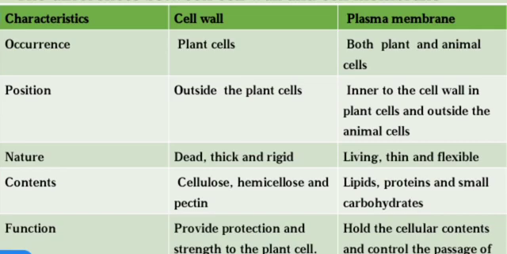Then coming to the nature of the cell wall, the cell wall is dead, thick and rigid. Whereas the plasma membrane is living, thin and flexible.